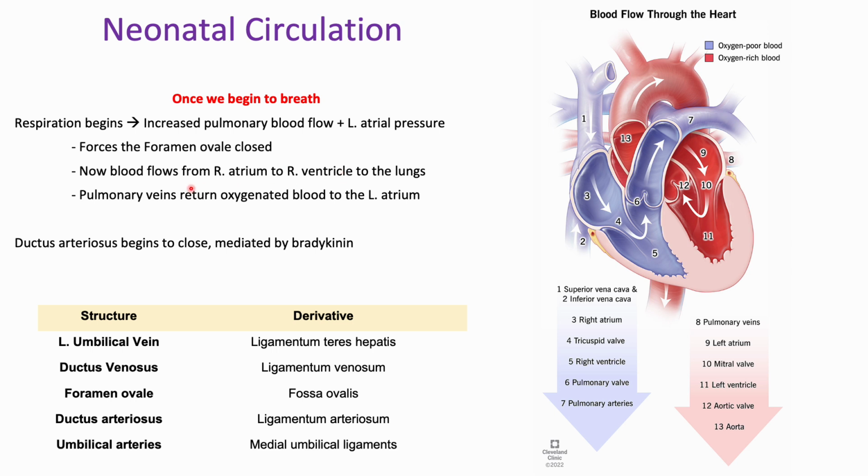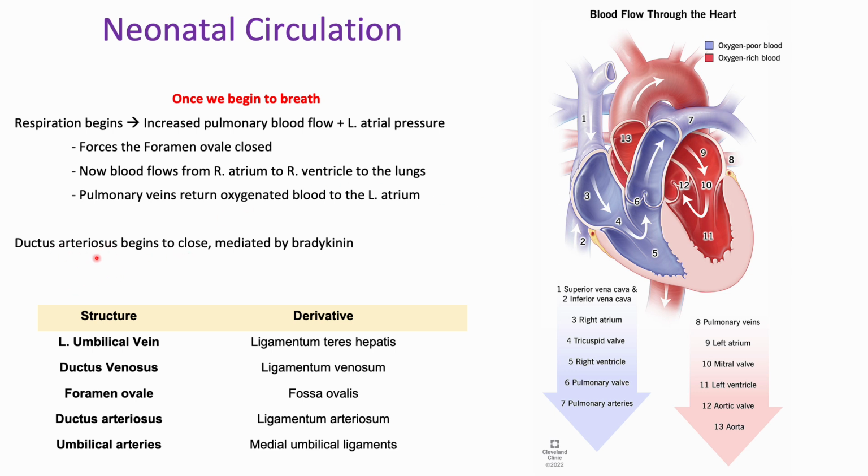So now the blood is flowing from the right atrium to the right ventricle to the lungs. It gets oxygenated by the baby. The baby brings blood back through the pulmonary veins into the left atrium, going to the left ventricle, into the aorta, disseminating across the body.